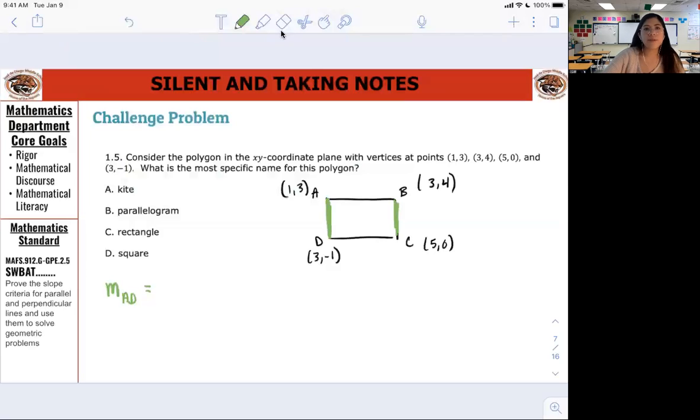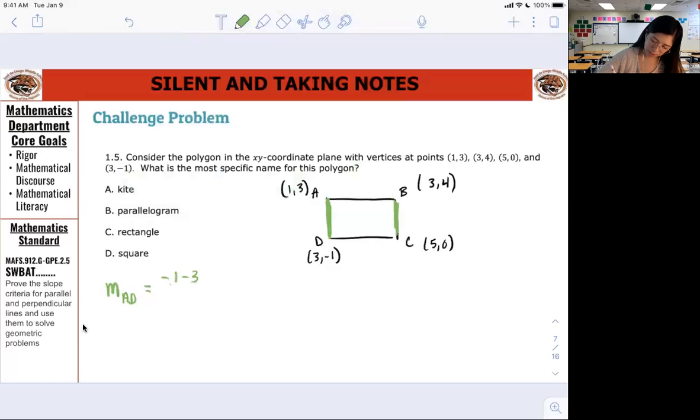Does anyone else want to share what they got for AD? 2. -1 minus 3 is -4. 3 minus 1 is 2. So -4 over 2.